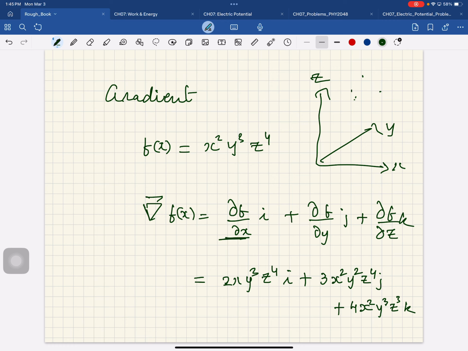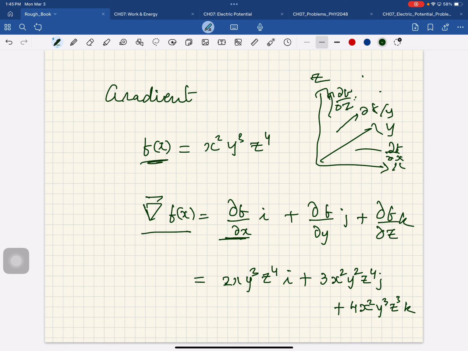It tells you how the function is changing if you're moving in the x direction. That's what del f by del x tells you. If you move along the y direction, that's what del f by del y tells you. And if you move along the z direction, that's what del f by del z tells you. Why do we calculate this?